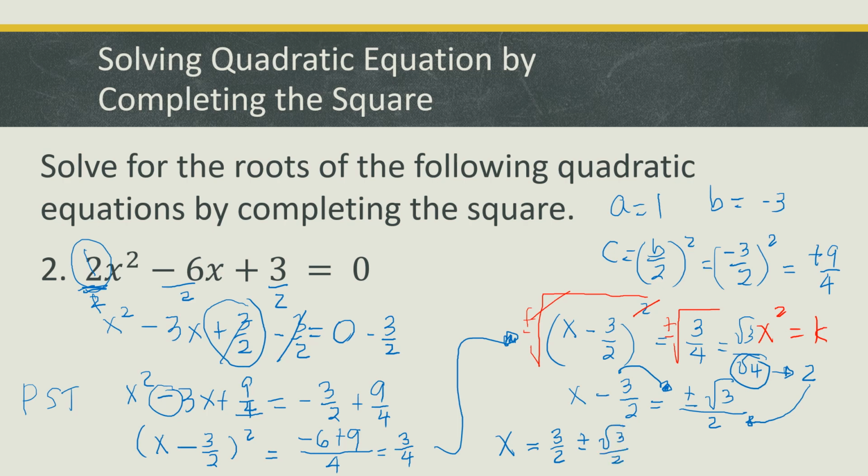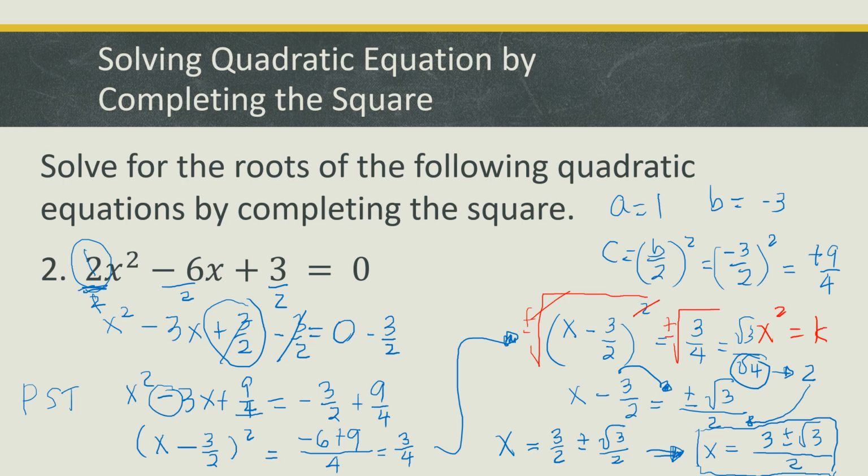Since they are having the same denominator, we now have the two values of x as 3 plus minus the square root of 3 divided by 2. So these are now the two solutions. The first solution is 3 plus square root of 3 over 2, and the second solution is 3 minus the square root of 3 over 2.